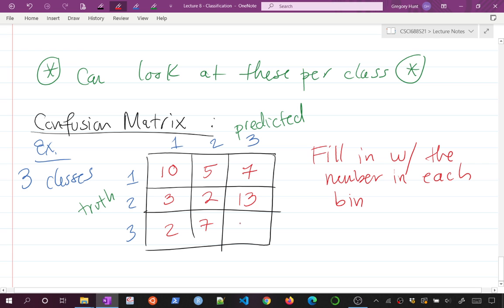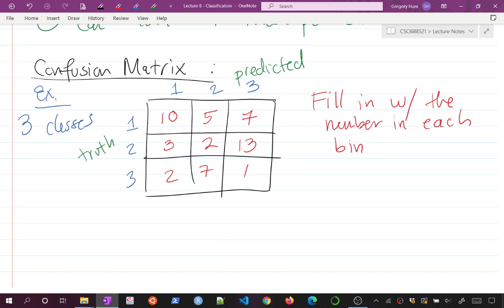And you just go and fill out the table, and these are maybe the numbers in our example. And you can read off tons of different metrics and make up tons of different metrics based on this.